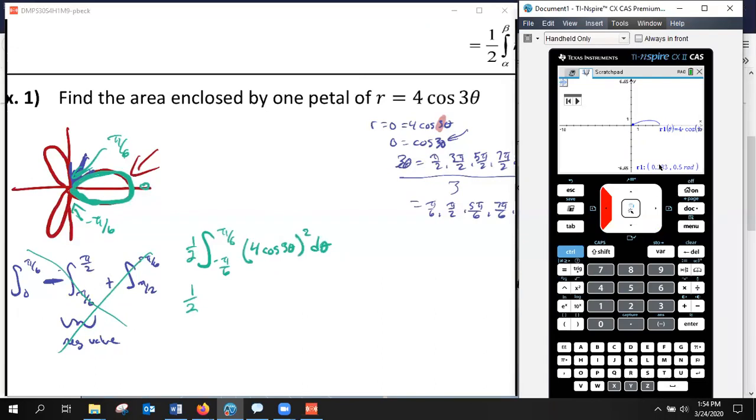Visually, and I'm going to use the mouse here, you can see that we have symmetry over the polar axis. That symmetry over the polar axis translates to this being an even function. And because it's an even function, we can double and say twice 1/2, and then go from 0 to pi over 6 for cosine 3 theta squared.